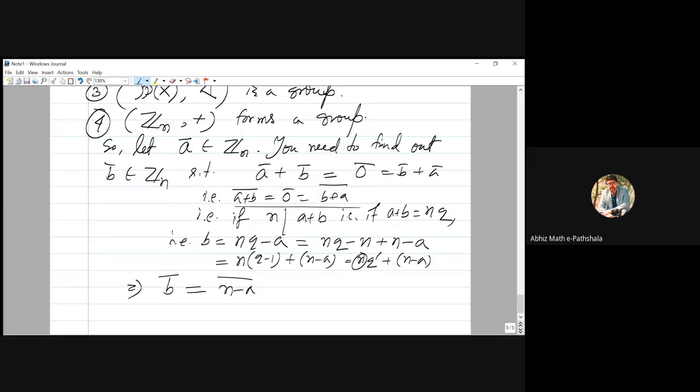So what would be your inverse for the class A? N minus A. That is, if you consider A class, then you can definitely have the inverse as n minus A class. Suppose you are in Z10 and you consider 3 class, then the inverse of 3 class with respect to addition is 10 minus 3 class, that is 7 class. Okay.